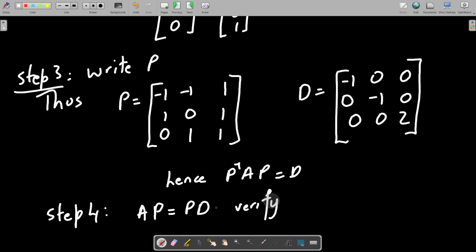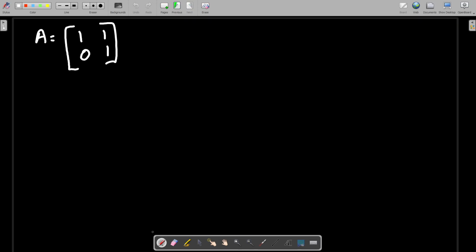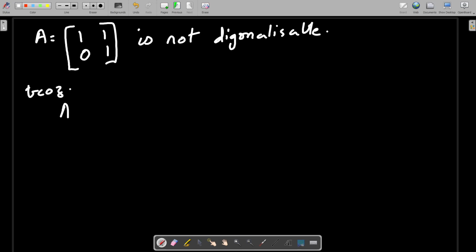Okay? One last counter example I'll give for 1 minute and then we'll stop. This matrix is not diagonalizable. Because if you go to see now A minus lambda I, this comes out as 1 minus lambda, 1 minus lambda.